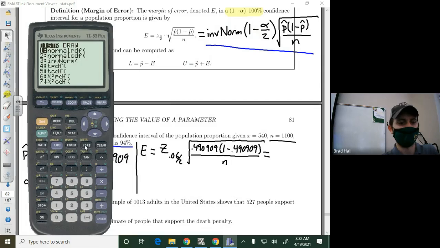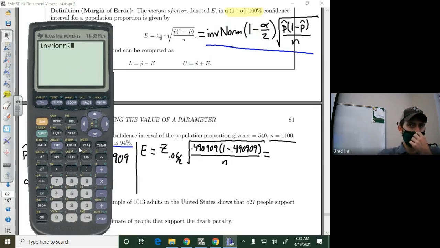So vars is over here. And that brings you to the distribution menu. From there, you should see inverse norm right here. Third one down. So again, that's second and vars. Vars is right underneath the bottom cursor here on your calculator. There should be. And you should see distribution up top.